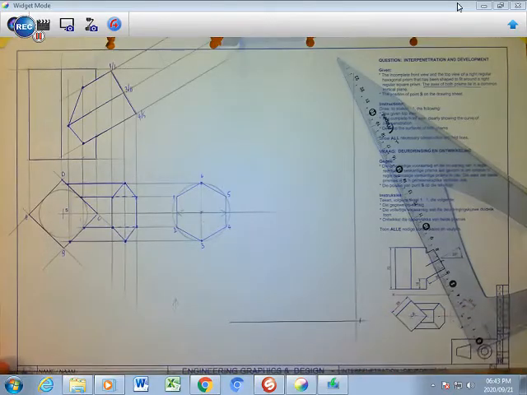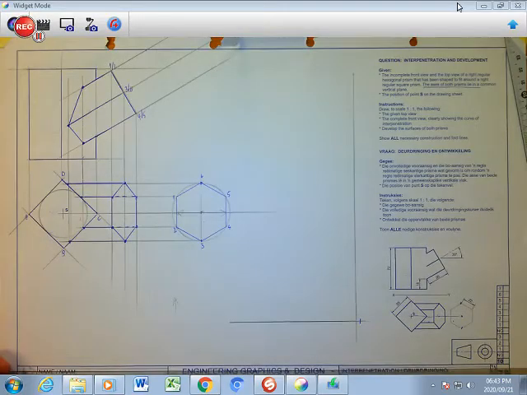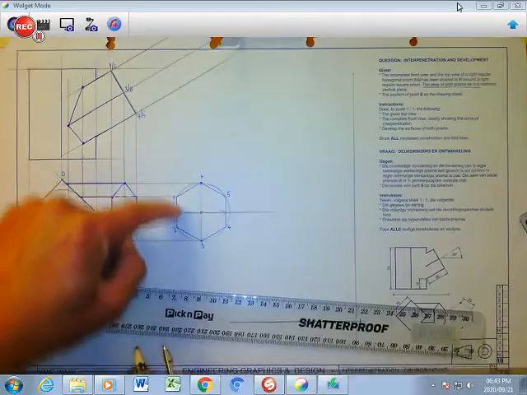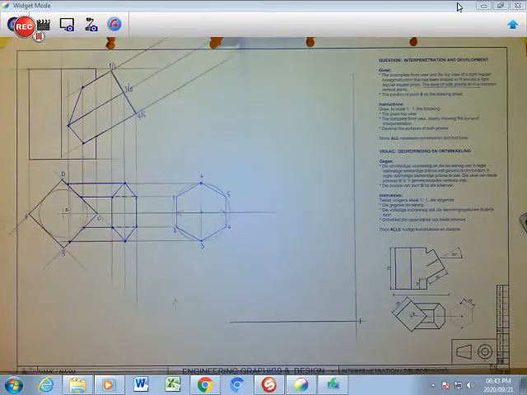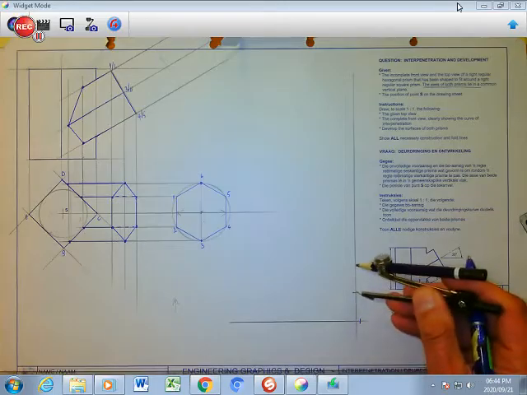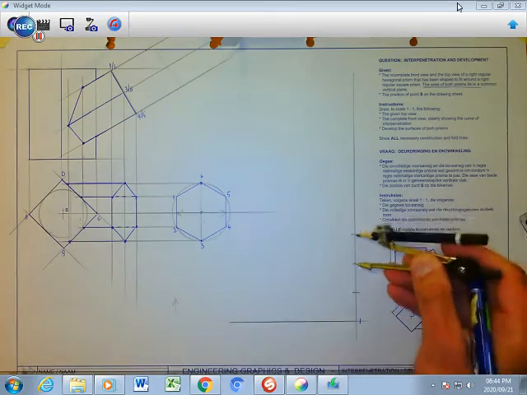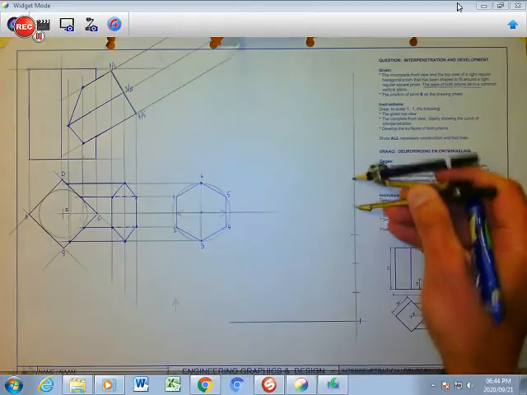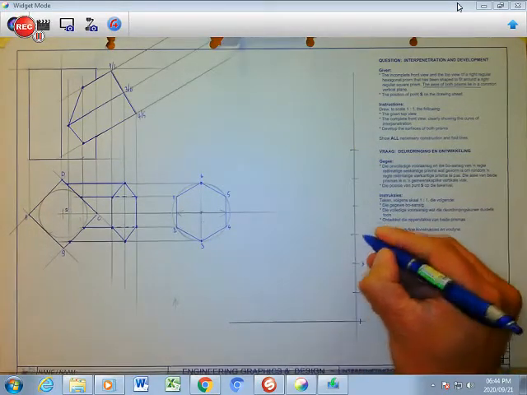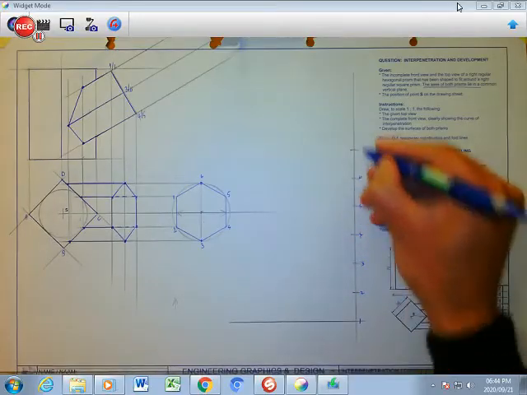That's number 1. And then I need to have even spaces of 22, which I'm going to measure. There's my 22, because each of these sides equates to 22, so I'm going to say 22, 1, 2, 3, 4, 5, and 6. 2, 3, 4, 5, 6, and back to 1.